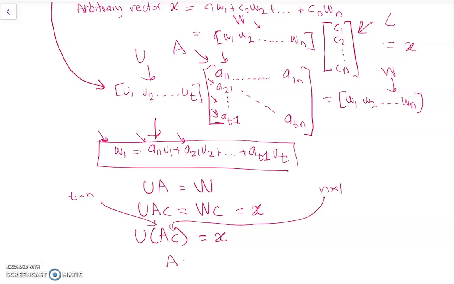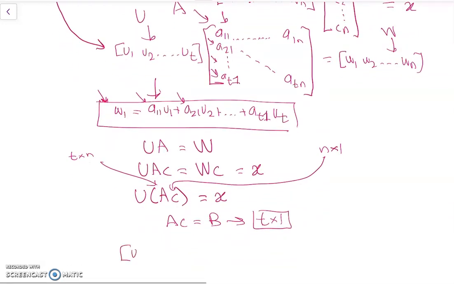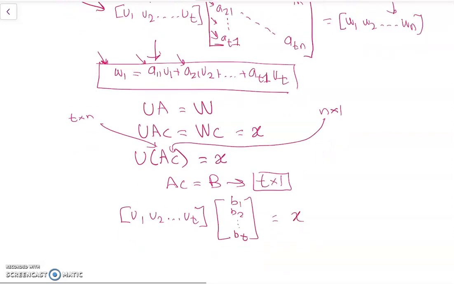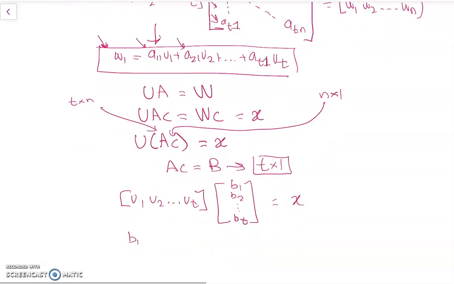So we can write AC is equal to the matrix B, which is a T times 1 matrix. So we can write U times the T times 1 matrix B to give us the vector X. And this is the same as writing a linear combination of the U's to give us X.